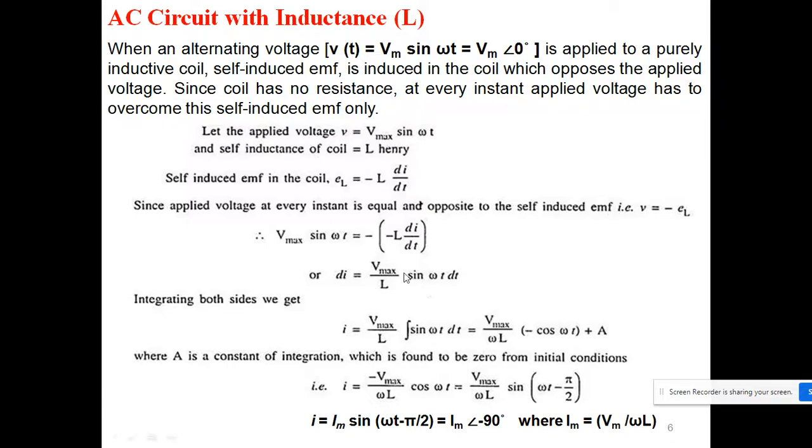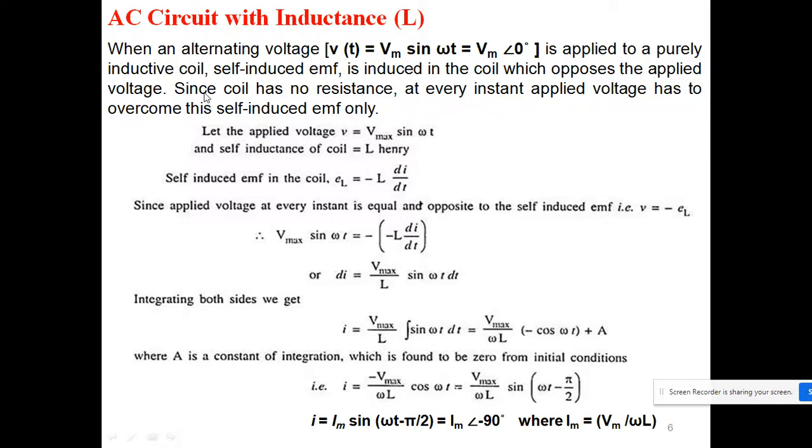So let us calculate the value of the induced EMF here. It is our applied voltage, and self inductance is defined by this. So the self-induced EMF is the self inductance multiplied by the rate of change of current, because I already told you the inductor opposes the instantaneous change of the current.